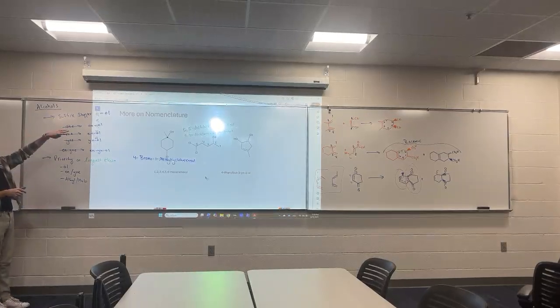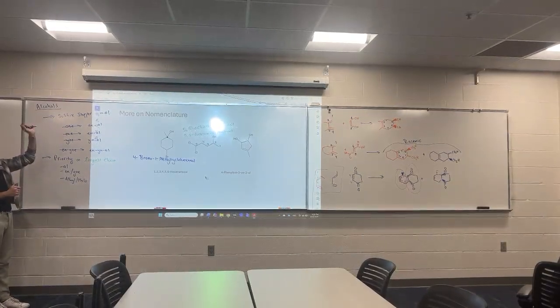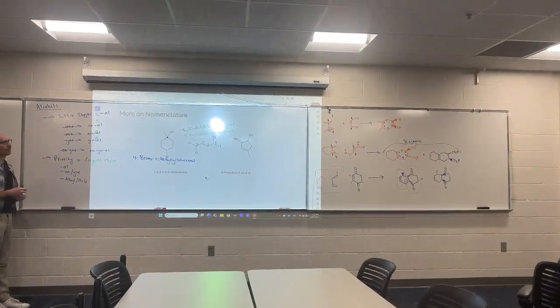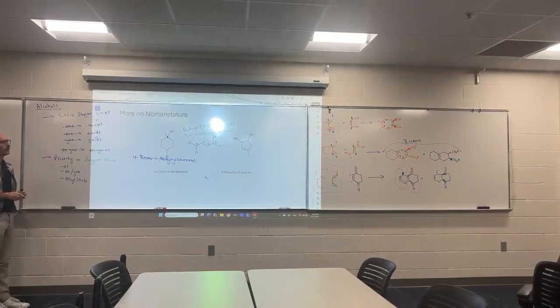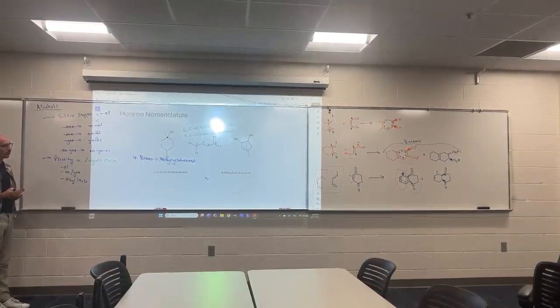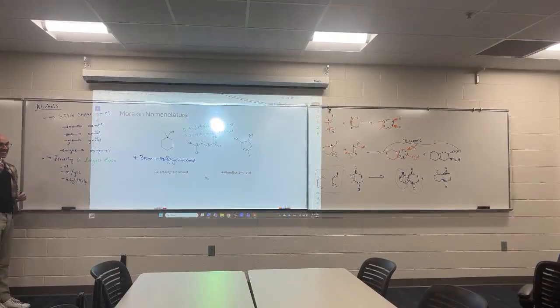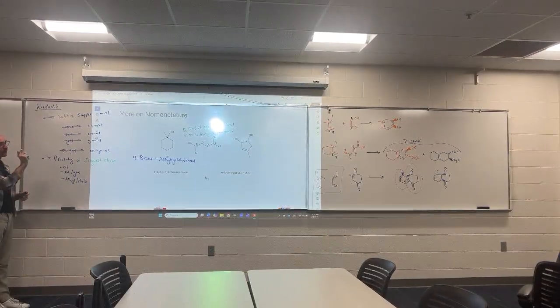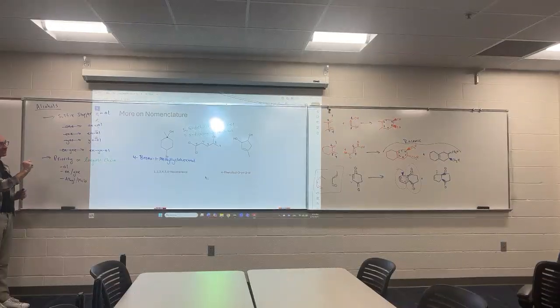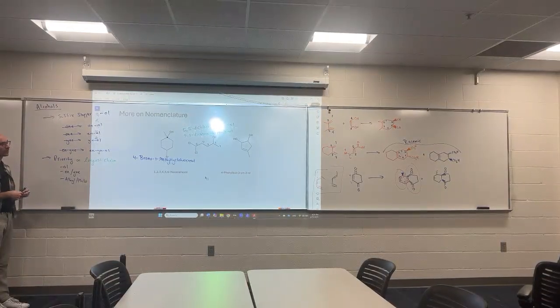Remember, IUPAC likes it when you put the locant right before the indicator, right before the ol. But most people will put it in front of the entire root if they can. And I say if they can because when there's an alkene in there, you can't put it before the whole root. You have to put the alkene somewhere as well.